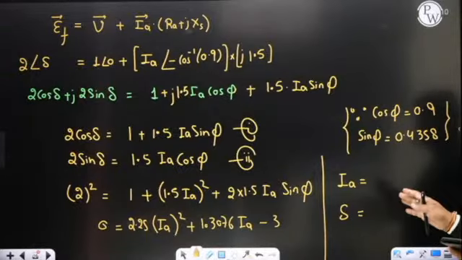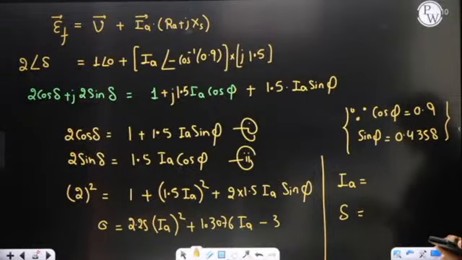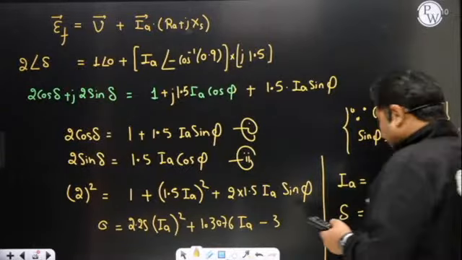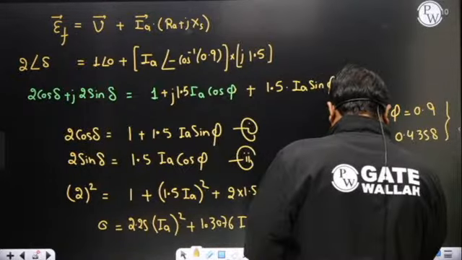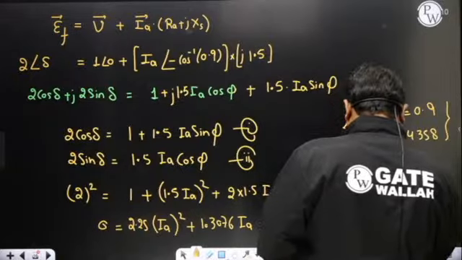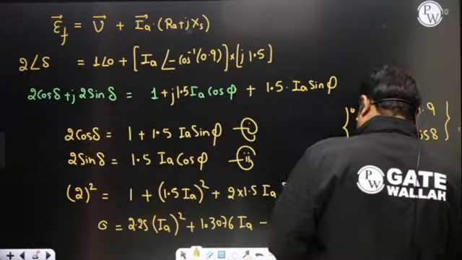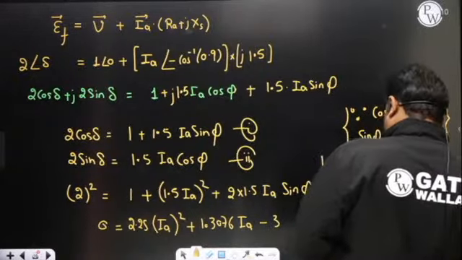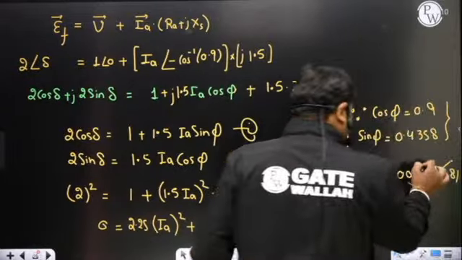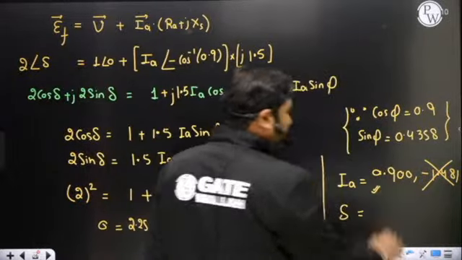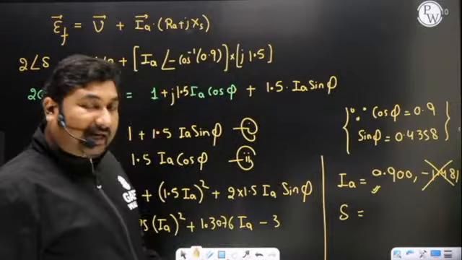Up to this calculation, the question will be available in GATE. Solving the quadratic, we get two values, one positive and one negative. Because it is a generator, we discard the negative value and choose the positive value only, that is 0.9 per unit.